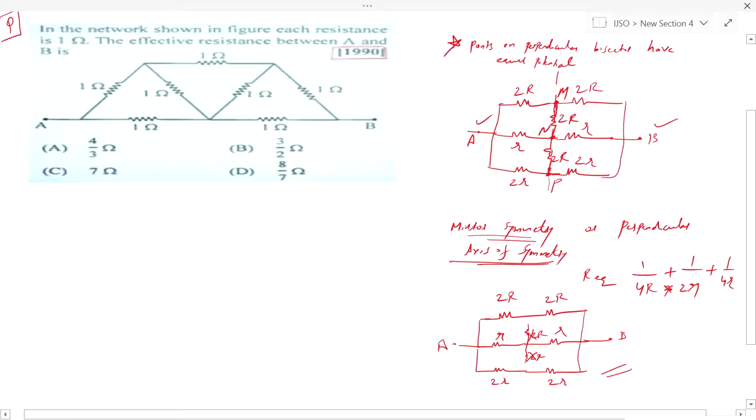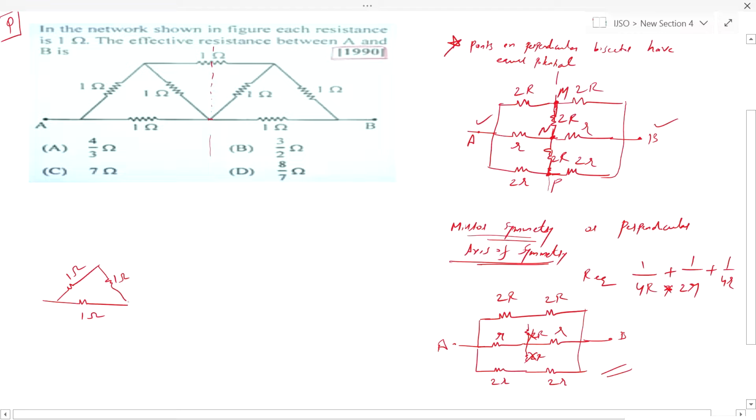See this also, when you cut from between, pay attention, when you cut from between or perpendicular bisector, now it's a mirror symmetry or perpendicular axis of symmetry. So as I told you, just remove this. So what it will be, pay attention. This is 1 ohm, this is 1 ohm, this is 1 ohm.